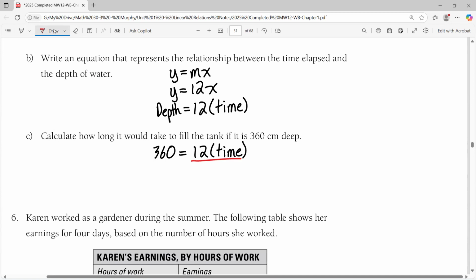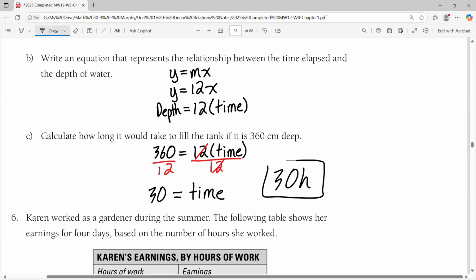The opposite of multiplying is dividing. This cancels, and now you have time equals 360 divided by 12. And we end up with 30 as our time. So 30 hours have passed if there's 360 centimeters in the tank.